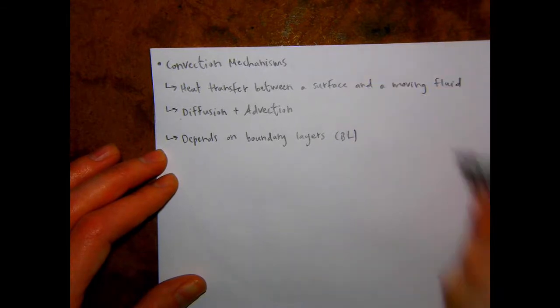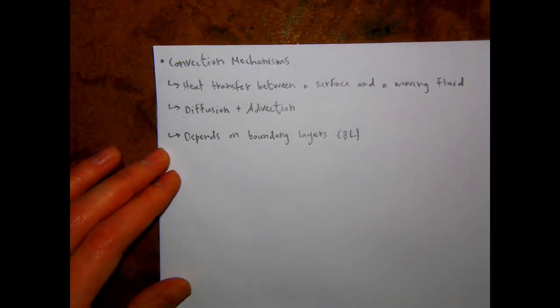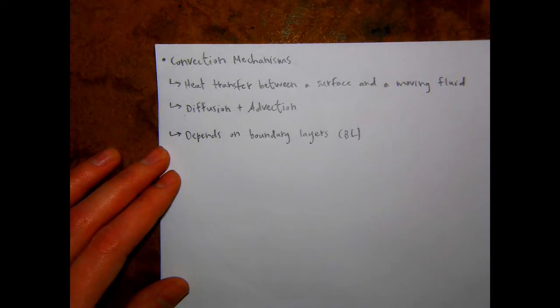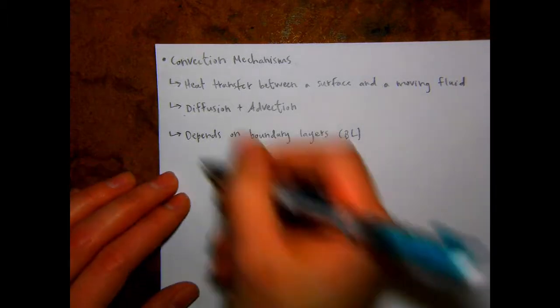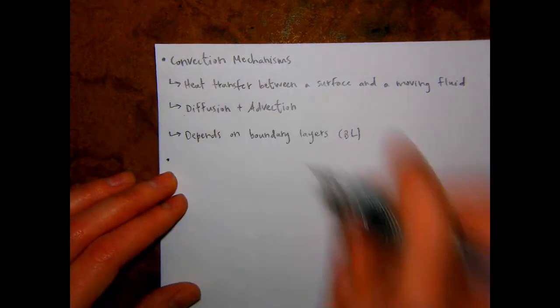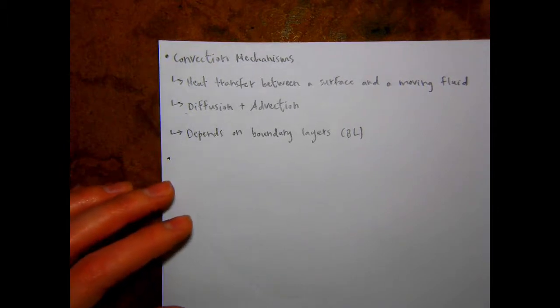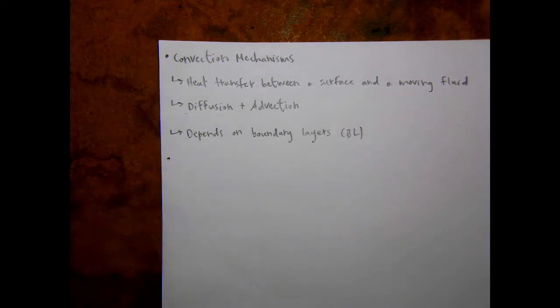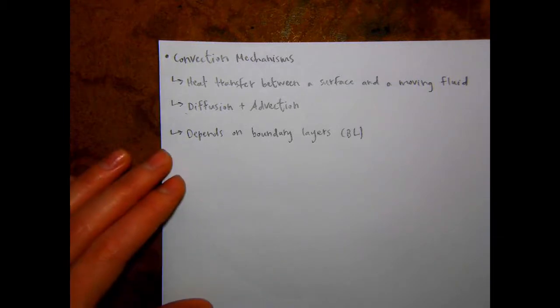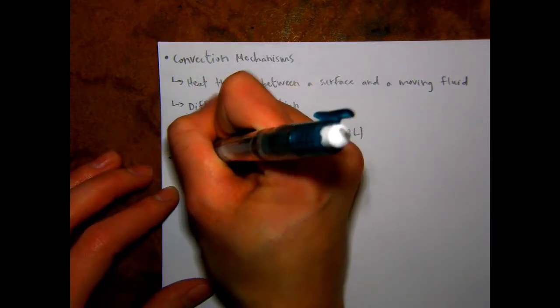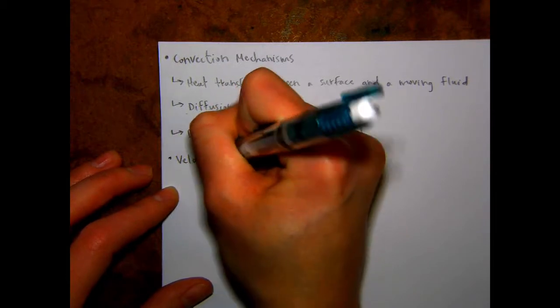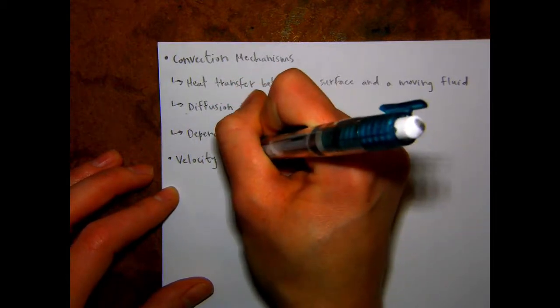I'll often write BL instead of boundary layer. There are two types of boundary layers that are significant, and we also mentioned this when we introduced convection a couple weeks ago. The first is the velocity boundary layer, which we'll talk about first, and then the thermal boundary layer.